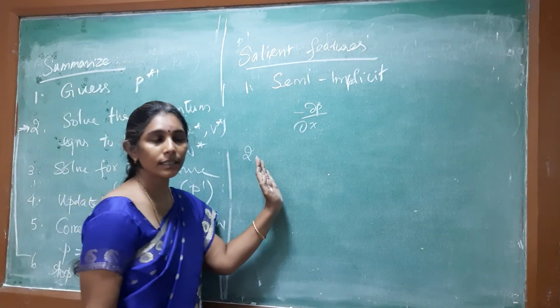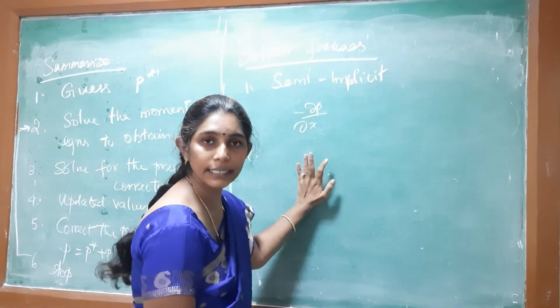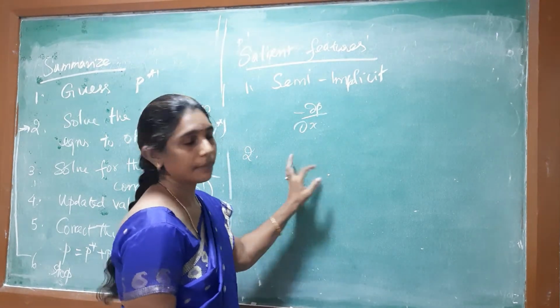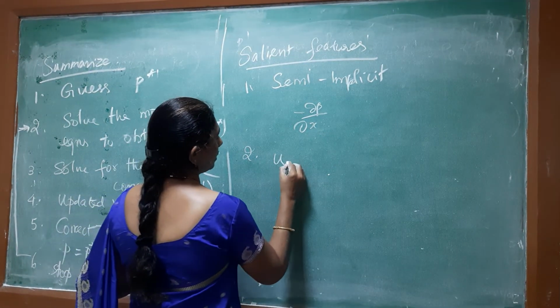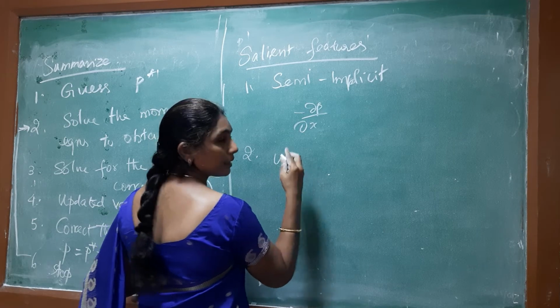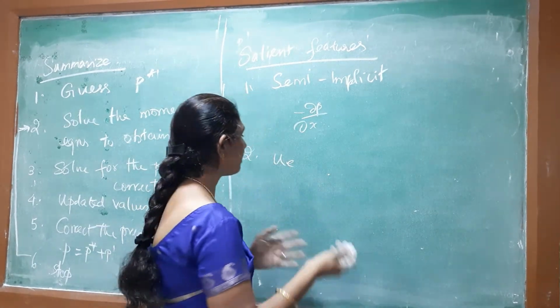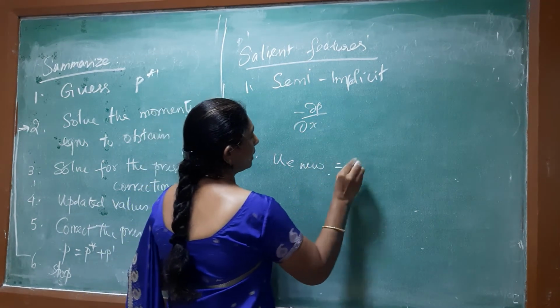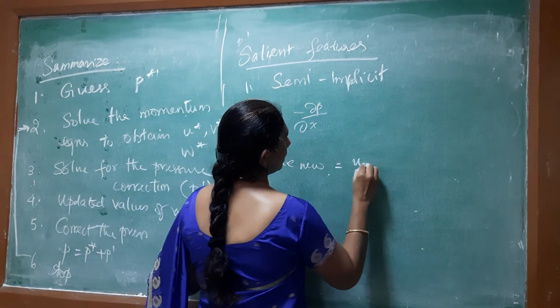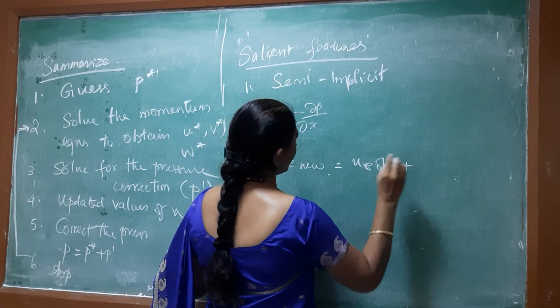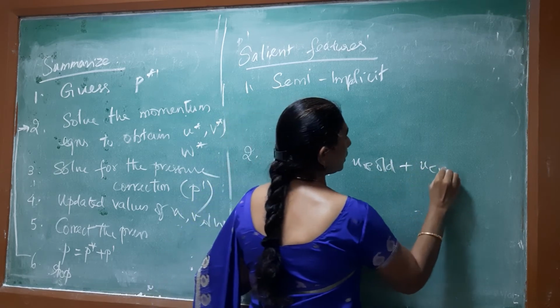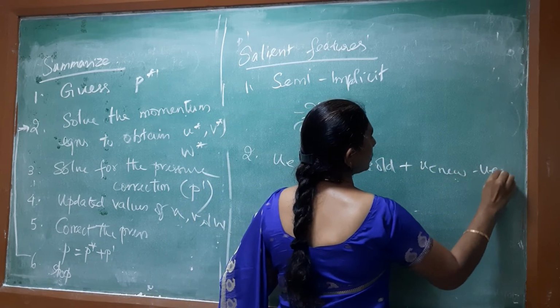The second one is we are going to use a relaxation factor in our term, that is the UE. Whatever the value of UE that is attained at the end is called the UE value. So this is the same as UE old plus UE new minus UE old, right?